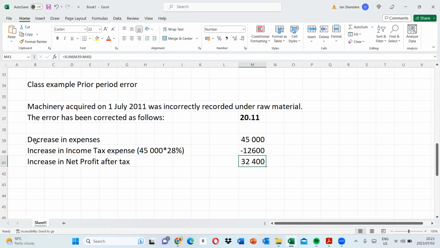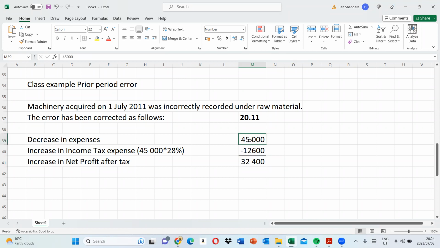So what did we do? The decrease in expenses, we record it as a positive amount. So the decrease in expense is netted off with the increase in tax. That is why when you look at taxation, we had to carry an opposite sign.